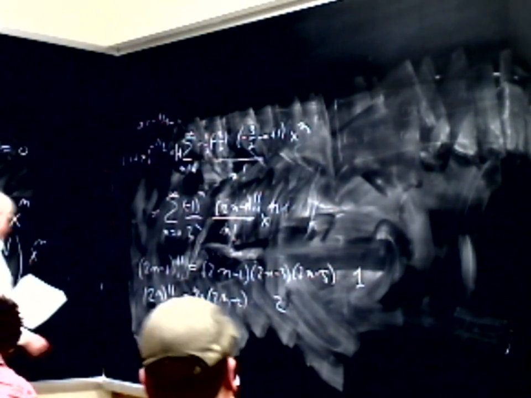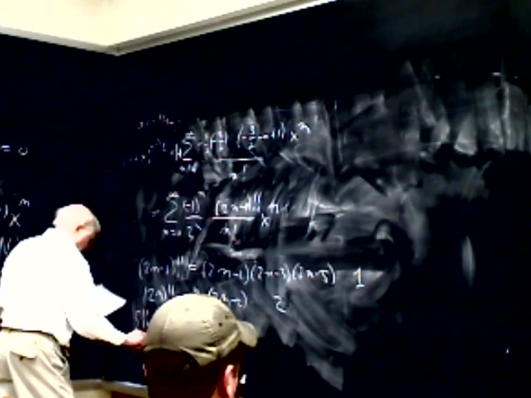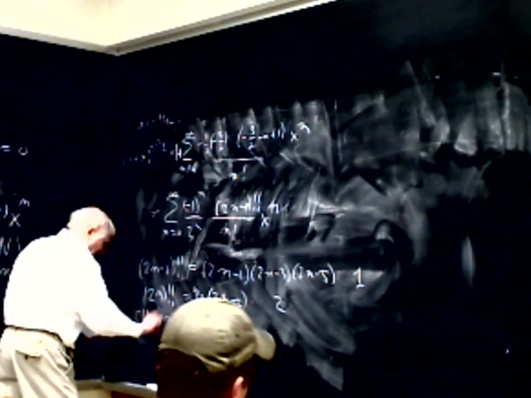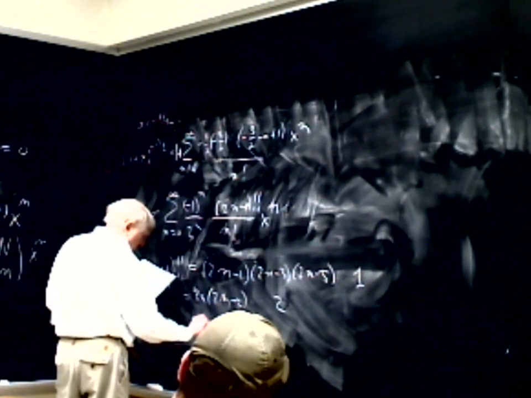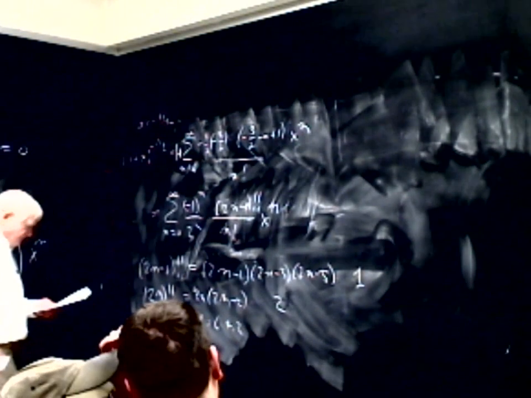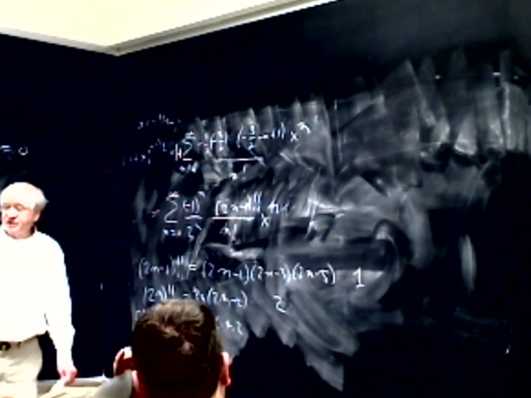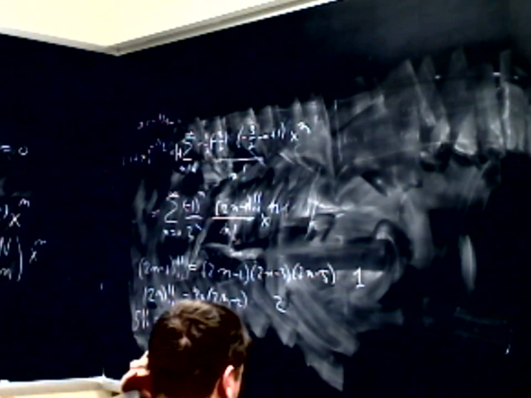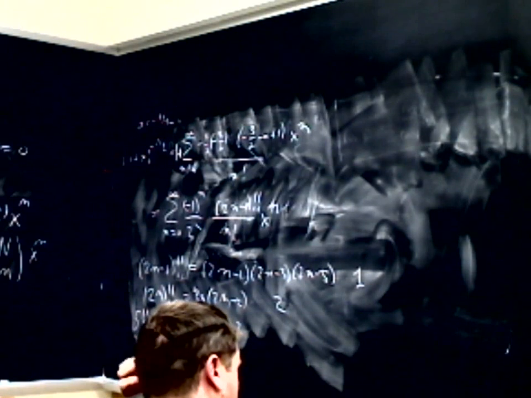And so 5 double factorial, I should say, is 5 times 3, and 6 double factorial is 6 times 4 times 2. Now, we found that 0 factorial was 1. 1 factorial is kind of obviously 1.